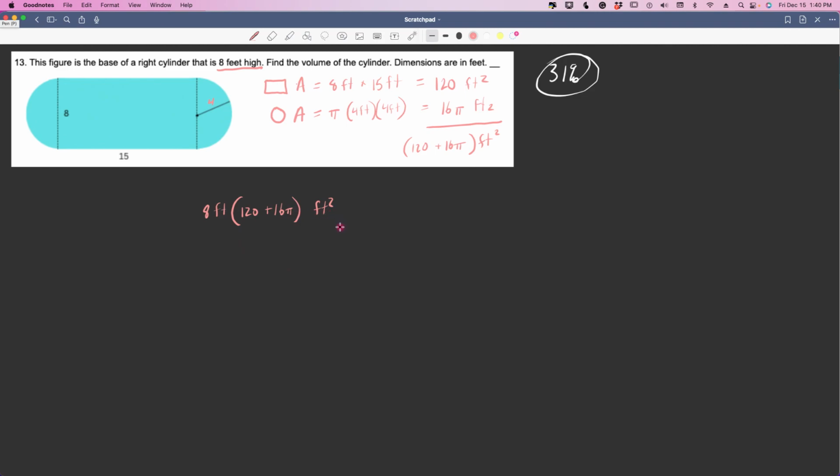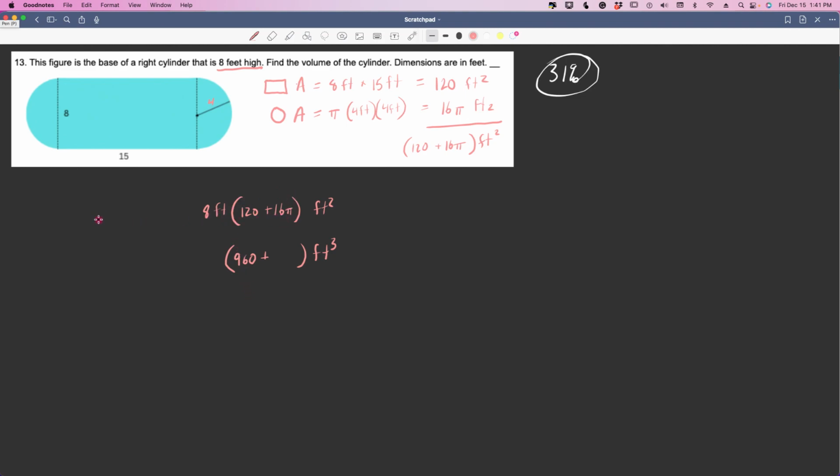All of these are factors. We're multiplying all of the factors together. So I can just start with the unit of measure if I want to. Feet times feet squared is going to be feet cubed. And 8 times 120 is going to be 960. Because I know that 8 times 12 is 96. And I just slap a 0 on the end of it. 8 times 16.